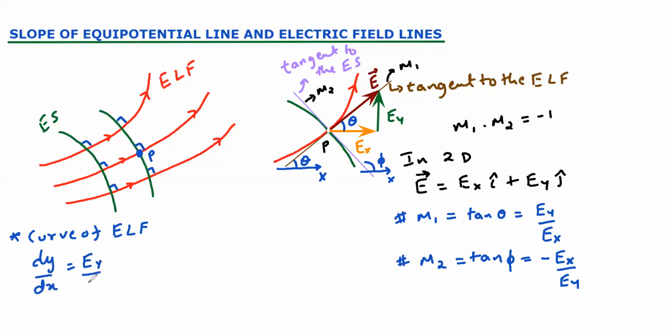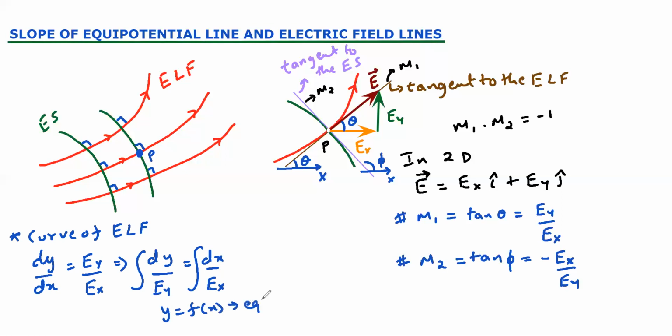Ey by Ex, which I can write as dy over Ey is equal to dx over Ex. And when I integrate this, I'll get y as a function of x, which is going to be the equation of the electric field line.